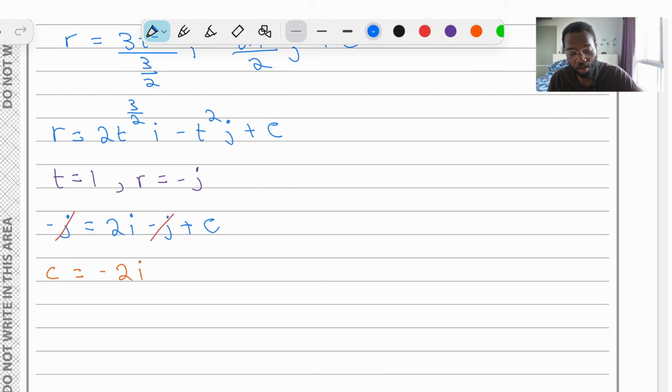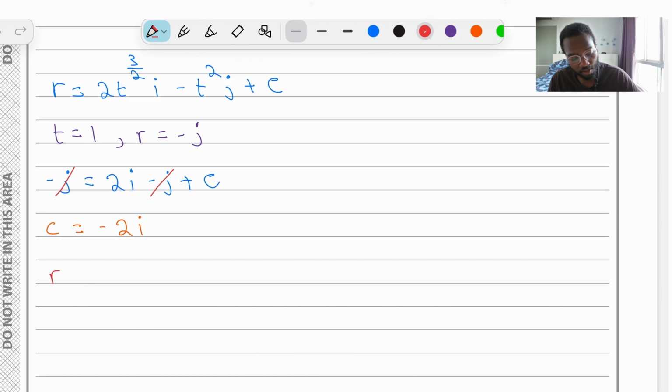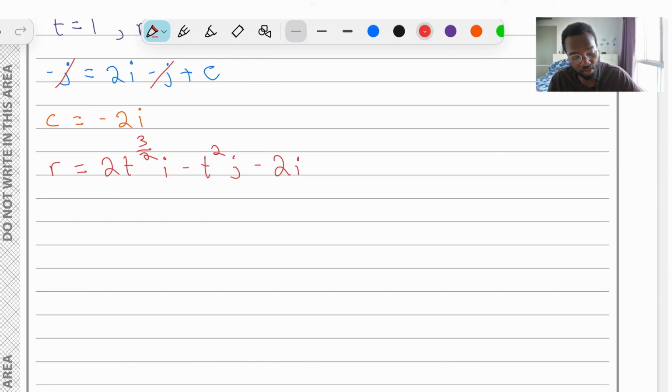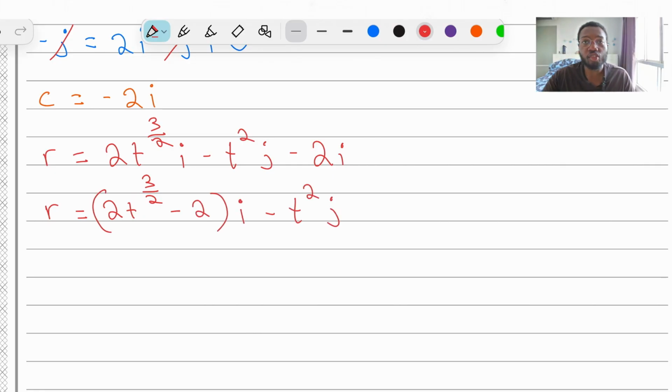Therefore r is equal to 2t to the 3 over 2 i minus t squared j minus 2i, and we can group our i's together. So r is equal to 2t to the power of 3 over 2 minus 2, all of that times i, minus t squared j.